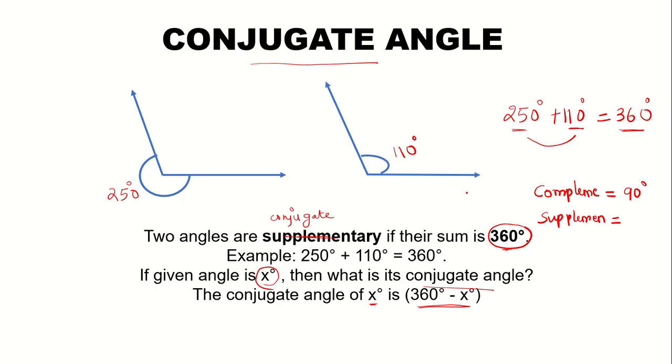Two individual angles, when we add them together, their sum should be 180 degrees. Right? The other type we have seen is conjugate. What is conjugate? Two individual angles whose sum should be 360 degrees. Right? So these were the different types of angles we have discussed.